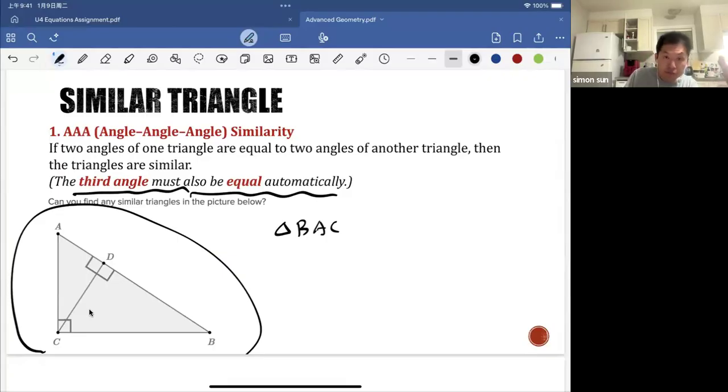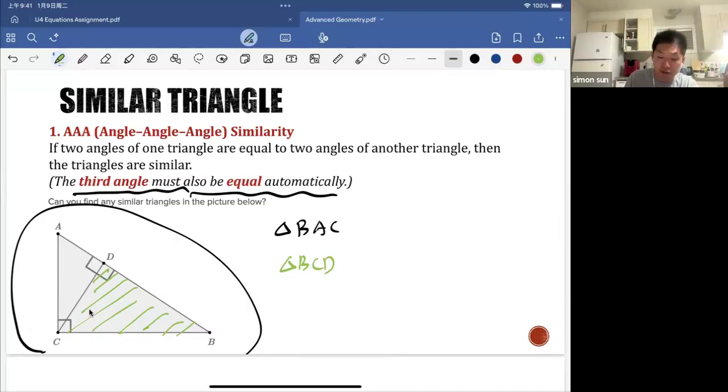BAC is a right triangle, right? So look at, let me just color here, the green triangle, BCD here. Those two will be similar.